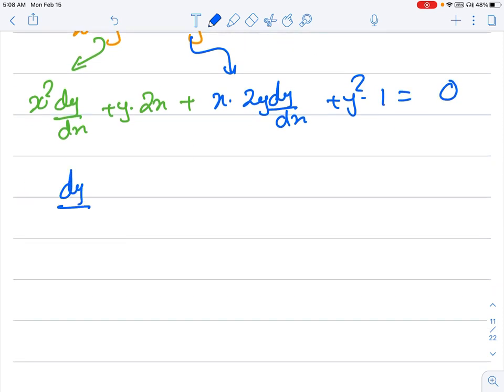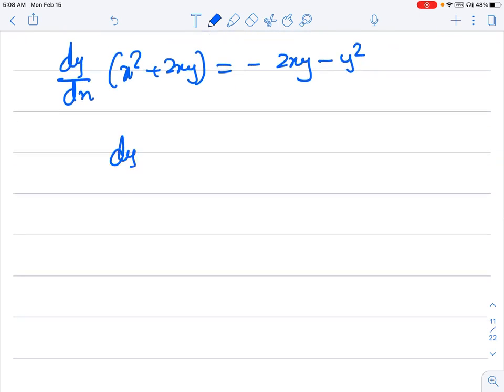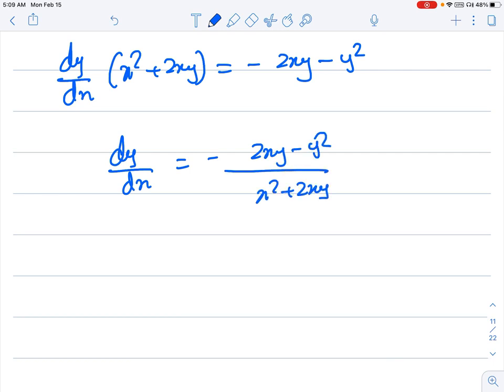Take dy by dx common. It becomes (x square plus 2xy) dy by dx is equal to minus 2xy minus y square. So dy by dx is equal to minus 2xy minus y square by x square plus 2xy.